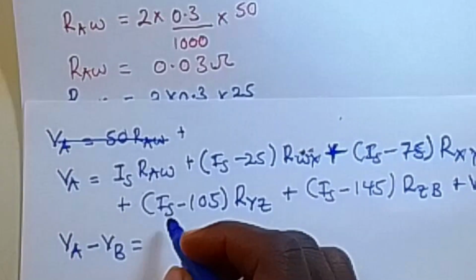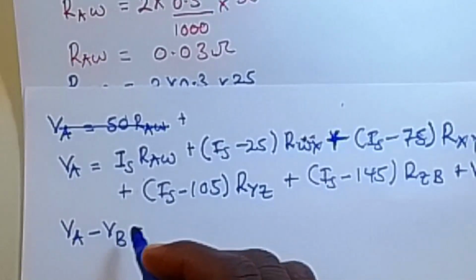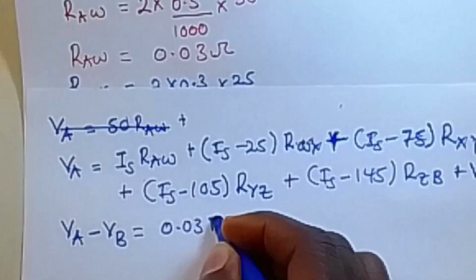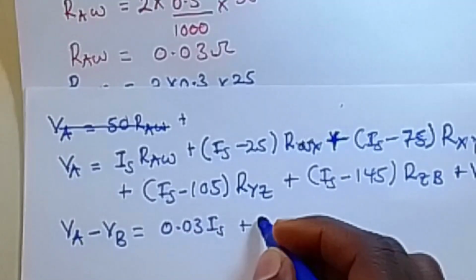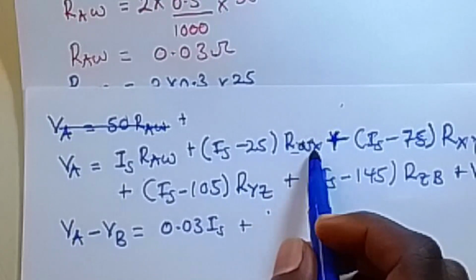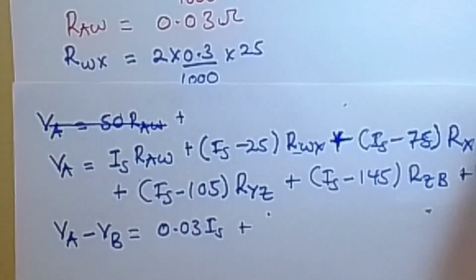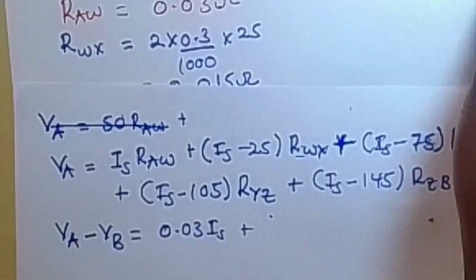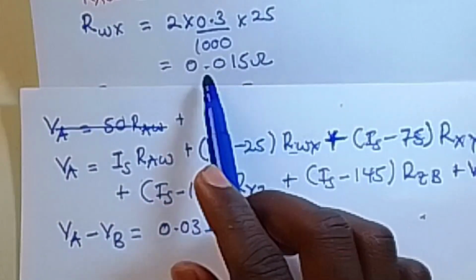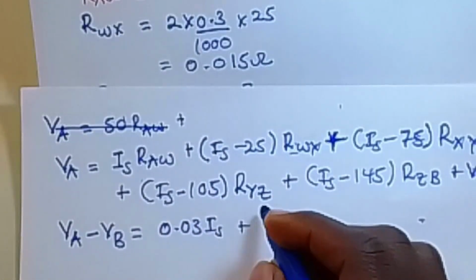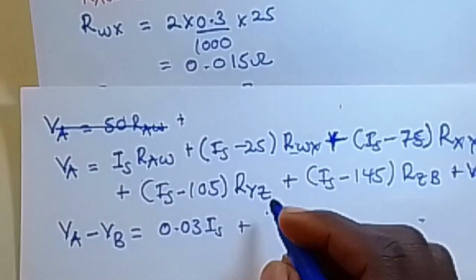So this will be VA minus VB equals 0.03 IS, plus here we shall have RWX. Our RWX was the value we got here, which is 0.015. So here also we shall borrow that value and use it.